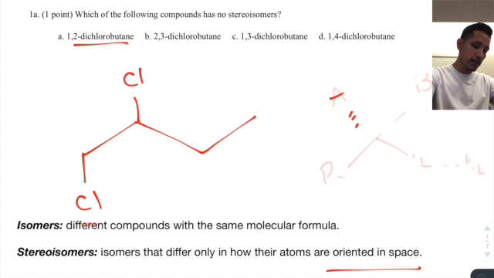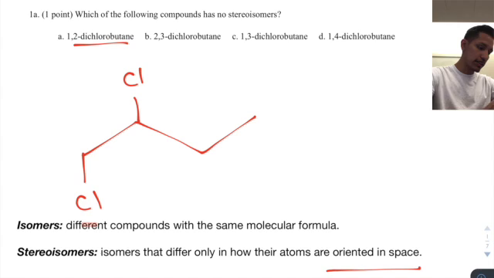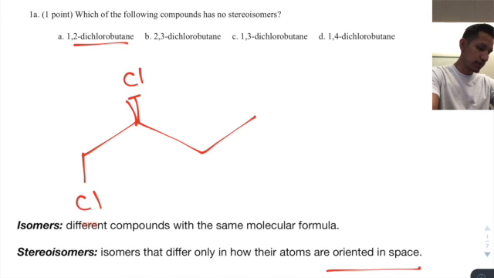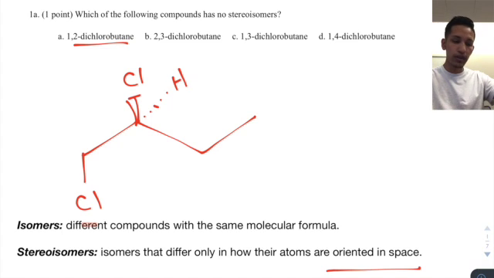So going back to the problem, does 1,2-dichlorobutane contain a stereoisomer? To draw these more specifically, one of these chlorines we could draw as a wedge, while that hydrogen we can draw as a dash, or going away from you. And these actually can be oriented differently, because that makes that carbon a chirocarbon.